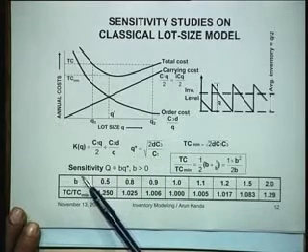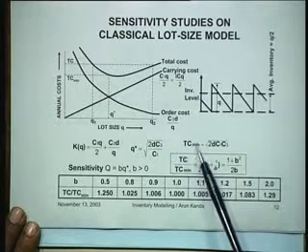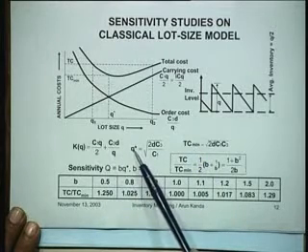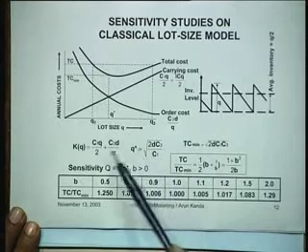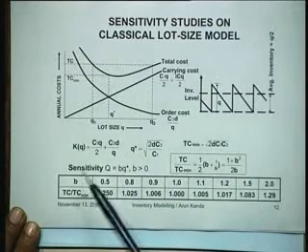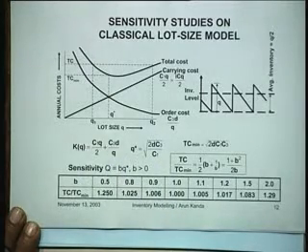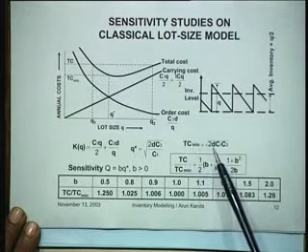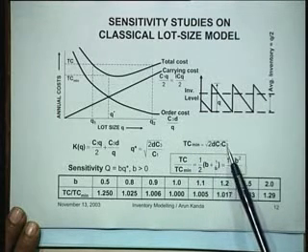And you can also work out the total minimum cost. So just take this particular value of Q star, put it into this cost function, and you will get TC min, which is the minimum cost, as the square root of 2 D C1 into C3.